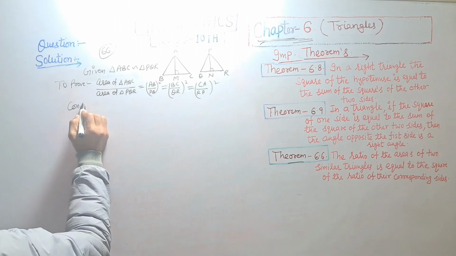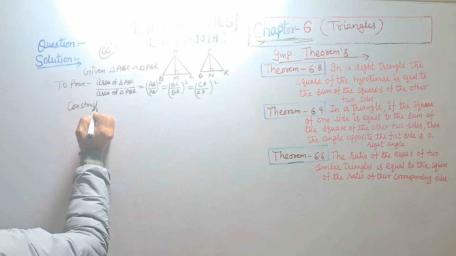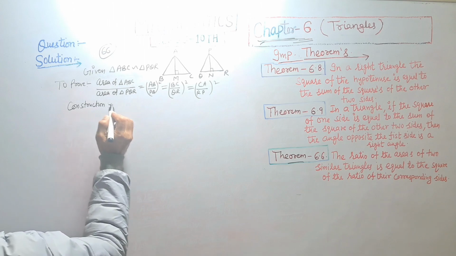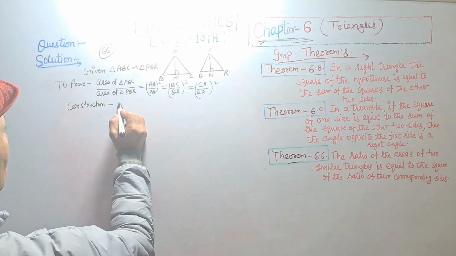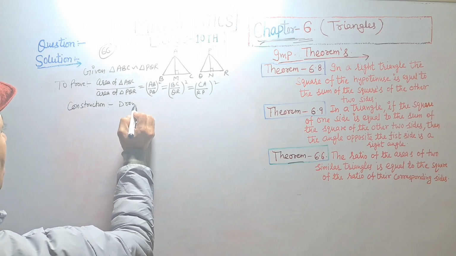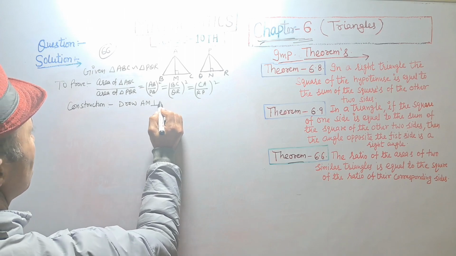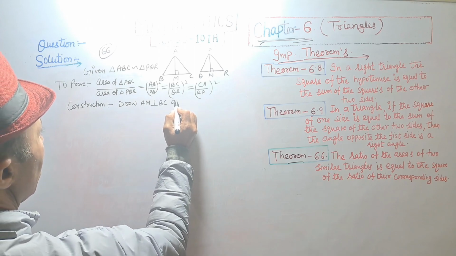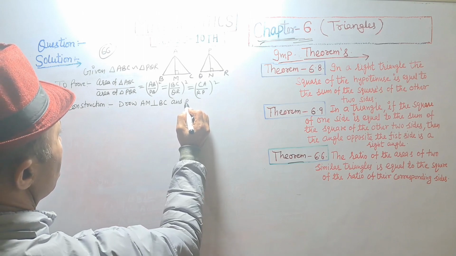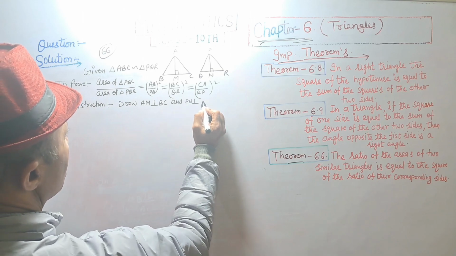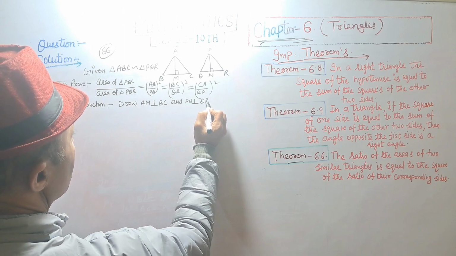Construction: draw AM perpendicular to BC and PN perpendicular to QR.